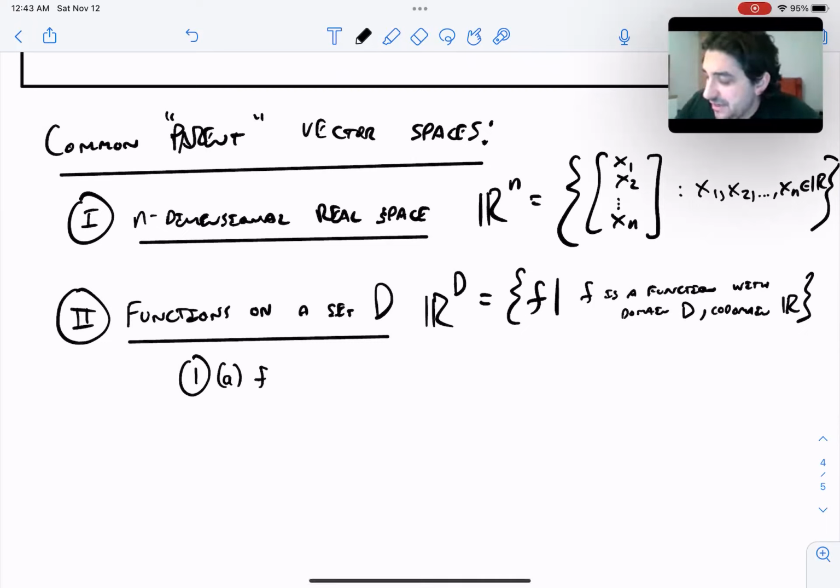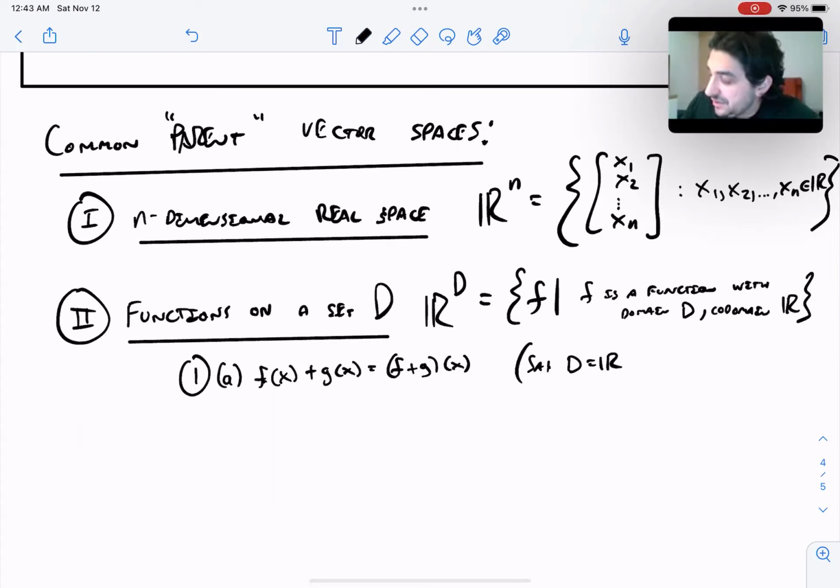If you have, say, one function on a set D, and another function on a set D, right? And you add them together, you get another function on that same set D, right? So for example, let's say that D is the whole real number line.